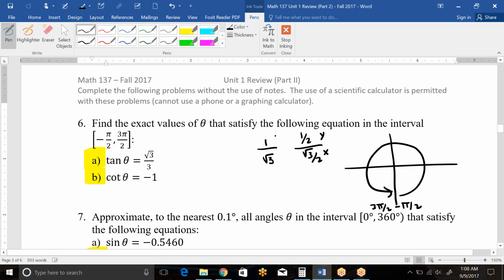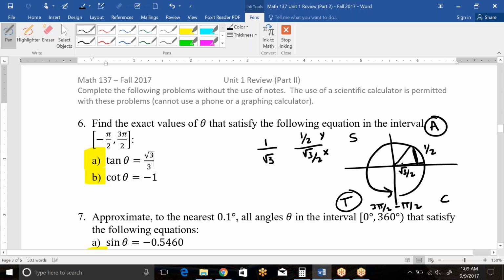Now, you don't have to engineer it that way. That just helps me because then I know exactly which triangle I'm dealing with, because this is a 30, 60, 90, and we are positive for tangent. So all science teachers are crazy. Tangent is positive in this quadrant and in this quadrant. So if we draw a triangle, and we know that our y value is 1/2, and our x value is square root of 3 over 2.